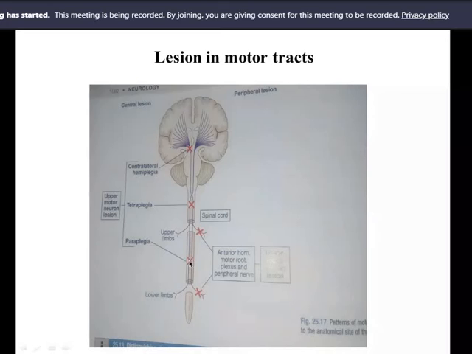And all these tracts are upper motor neuron. So if the upper motor neuron lesion is there, there will be exaggerated jerks, and muscle atrophy will be less, right?